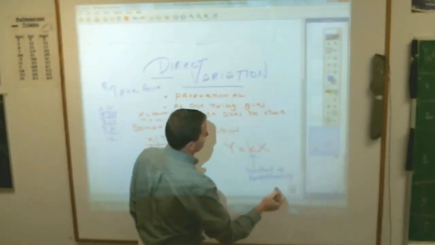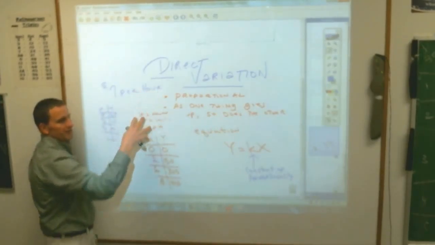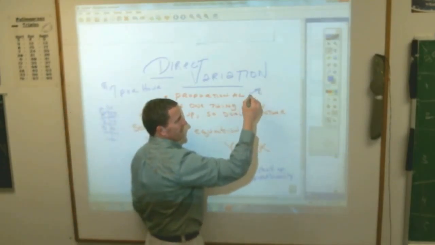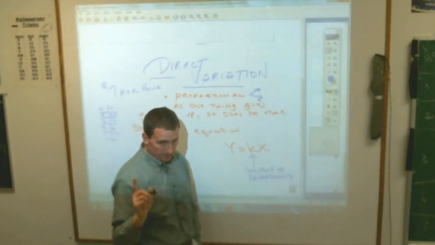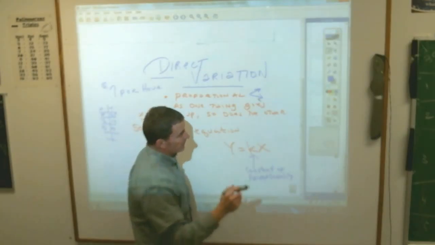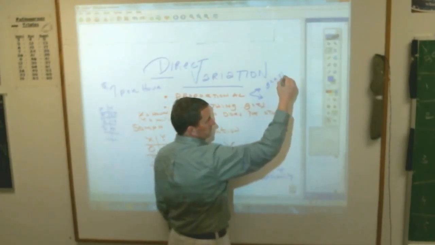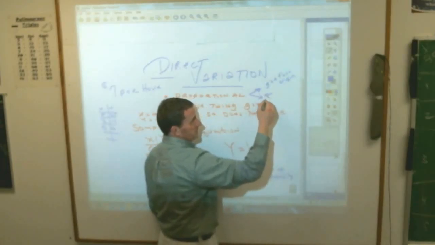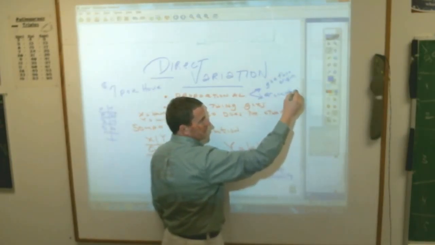Make sure that you know, in order for something to be direct variation, it has to be that whole proportional thing. And remember, two things had to happen for something to be proportional. When you graph it, it has to go through the origin. And it has to have this constant of proportionality, which is what we just talked about.